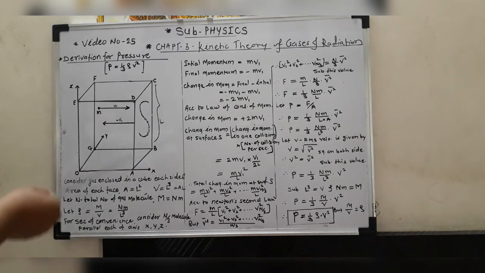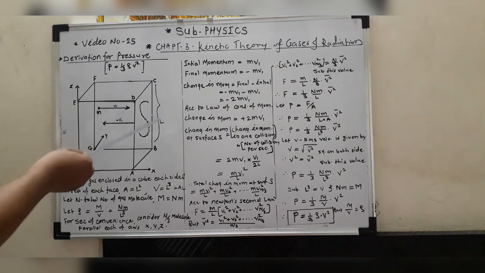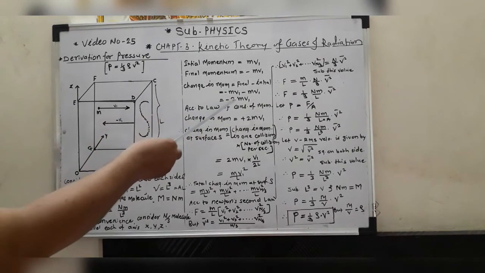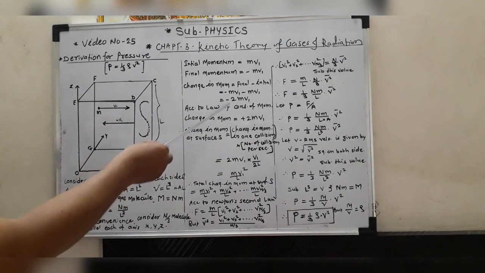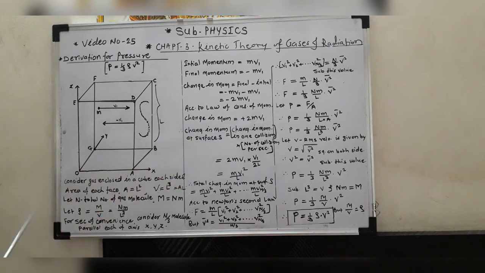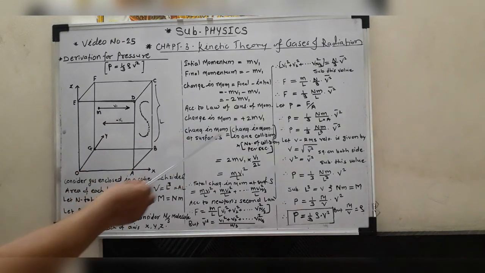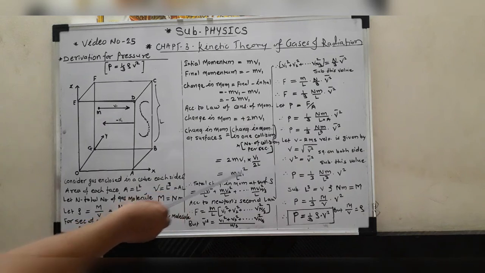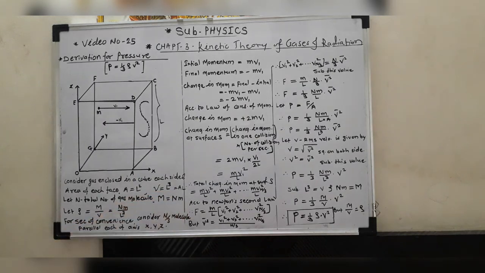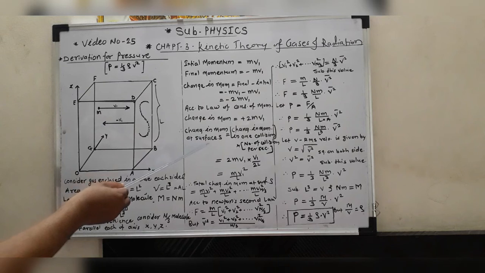A single gas molecule moves with the velocity V1, and reverses with the velocity minus V1. Change in momentum is minus twice mv1. According to the law of conservation of momentum, no loss of momentum, plus twice mv1. Writing this formula, we can write twice mv1 into v1 upon twice L, the twos get cancelled, and we get mv1 square upon L. But this is for a single gas molecule.